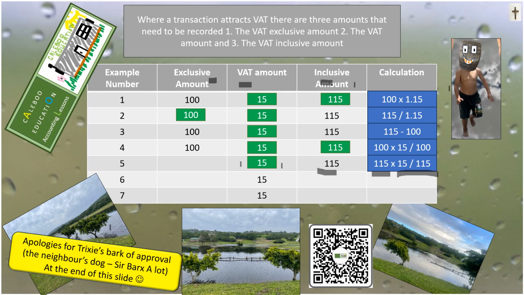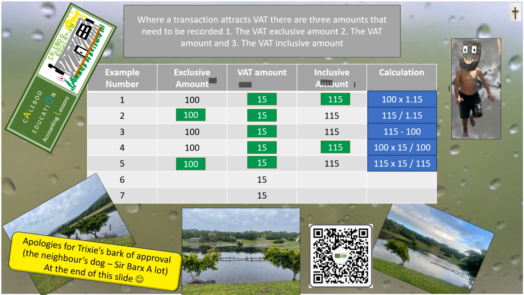Then 115, and you subtract 15, the VAT amount, you will get the exclusive amount. You're doing well. I can see you concentrating. Excellent. Now this is one that I found a little bit more challenging.